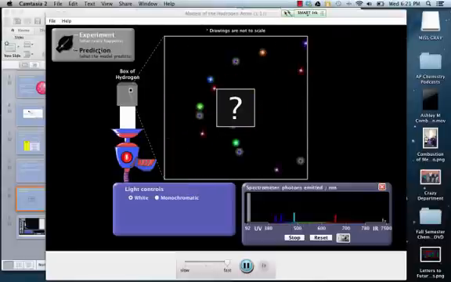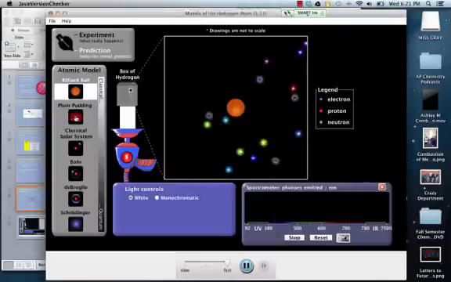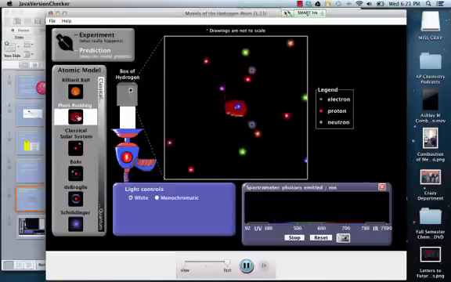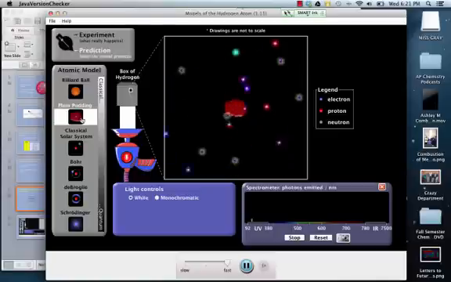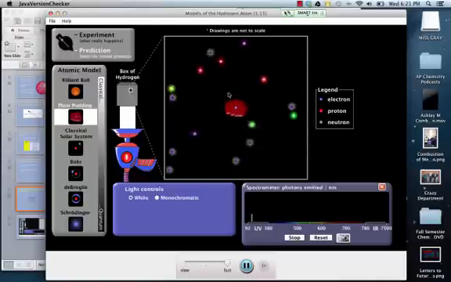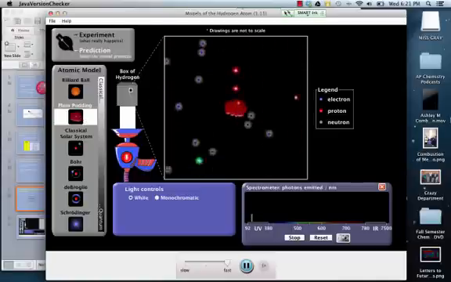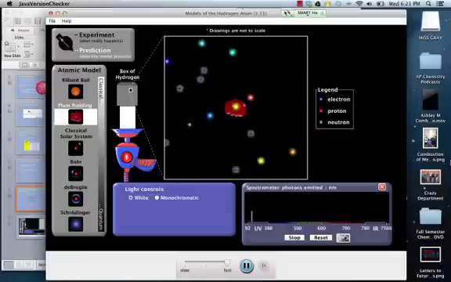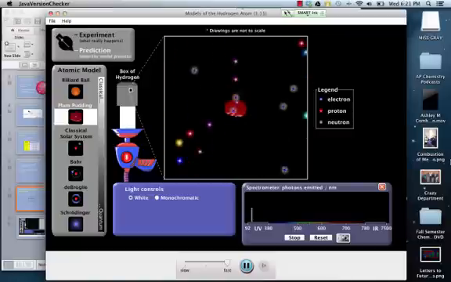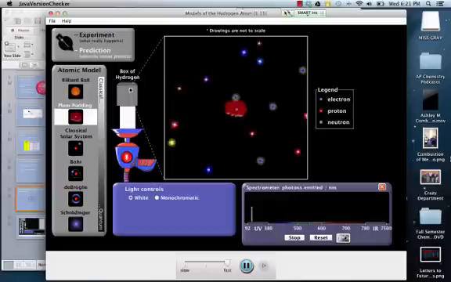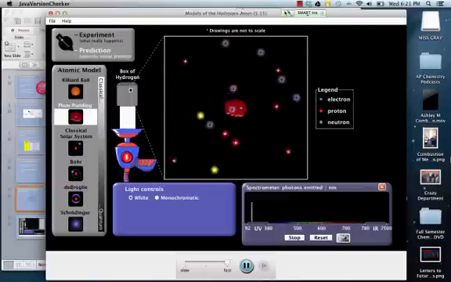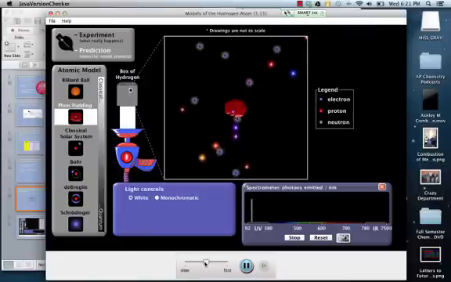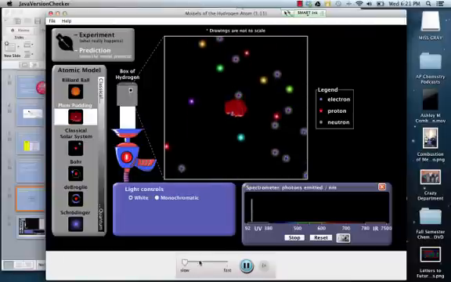Now let's look at the prediction from the Thomson theory. That would be the plum pudding model. So you can see the positive charge, the red, has a negatively charged electron embedded inside it. That's the blue particle. And some collisions cause it to sort of bounce around, right? But since there's only one energy level in the Thomson model, let's slow this down so you can watch it more closely.